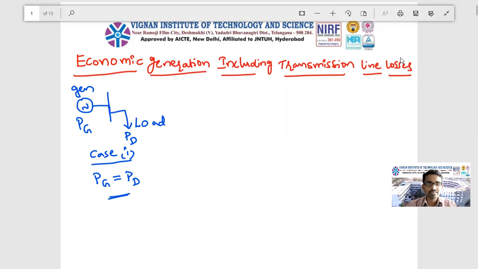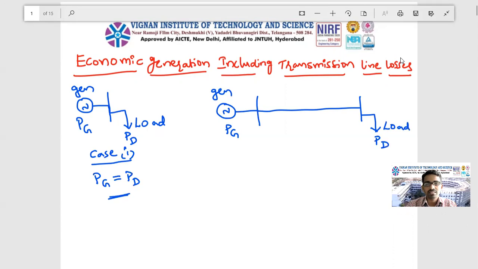Next, consider another case where you are having another generator. Let us take this as another generator, which is connected to the bus. It is generating the power of Pg and is connected to a transmission line, and at the end of the transmission line, at the receiving end, you are going to have the load.